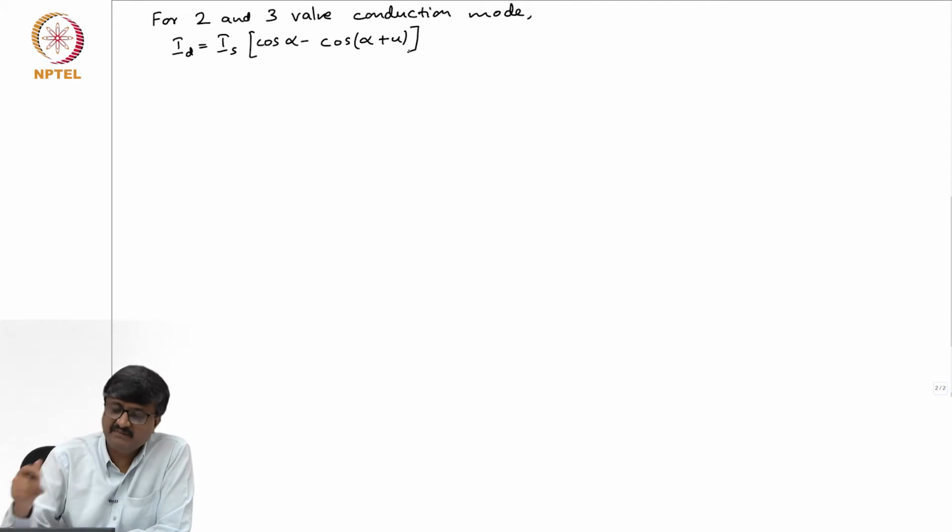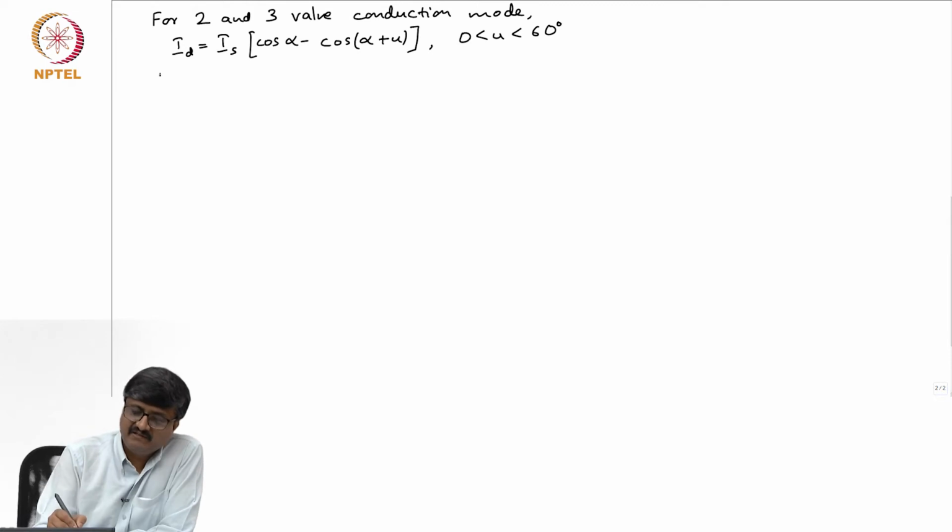Since this is applicable for 2 and 3 valve conduction mode, it is applicable for U greater than 0 and less than 60 degrees. Similarly, we got an equation for 3 and 4 valve conduction.